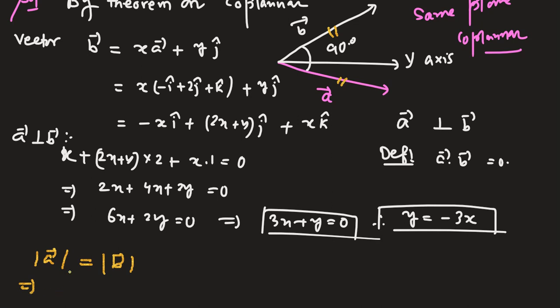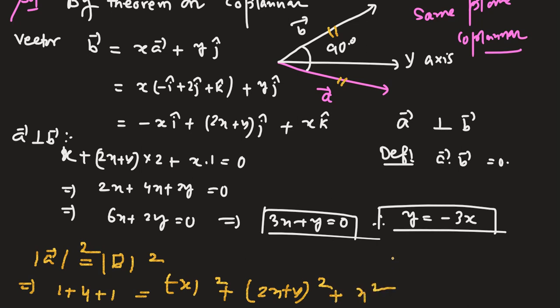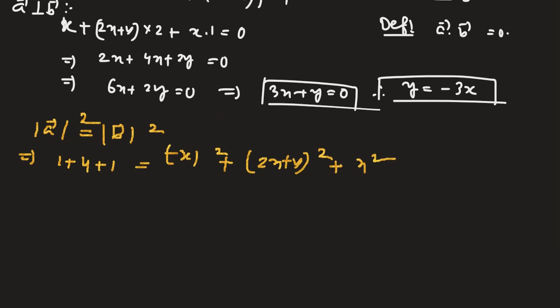So modulus of a is what? Minus 1 squared is 1, 2 squared is 4, and again 1. So this value is b squared, so that means minus x whole squared plus (2x plus y) whole squared plus x squared. But y value is minus 3x, we can apply here.